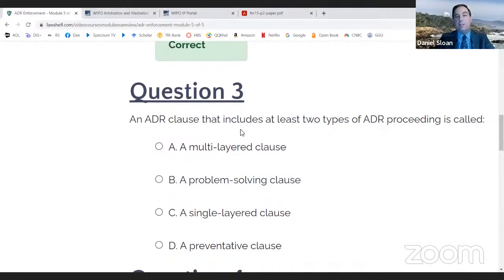An ADR clause that includes at least 2 types of ADR proceeding is called a multi-layer clause, a problem-solving clause, a single-layered clause, or a prevention clause. So we're giving you lots of background to write your clauses with.